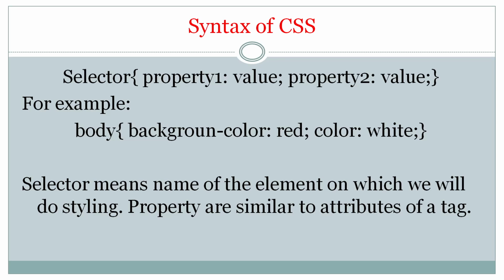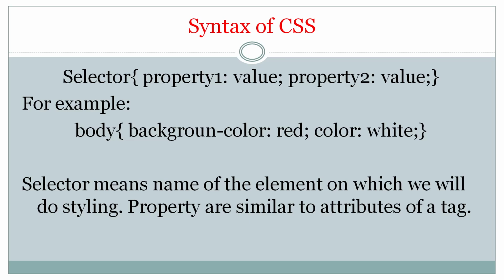Like if I want to make the page color yellow, we write body bgcolor equal yellow. But in CSS we write the colon sign. Here background spelling is wrong, sorry for the typo. So we will write body, inside brackets we write background-color colon, red. Instead of the equal sign we use the colon sign.